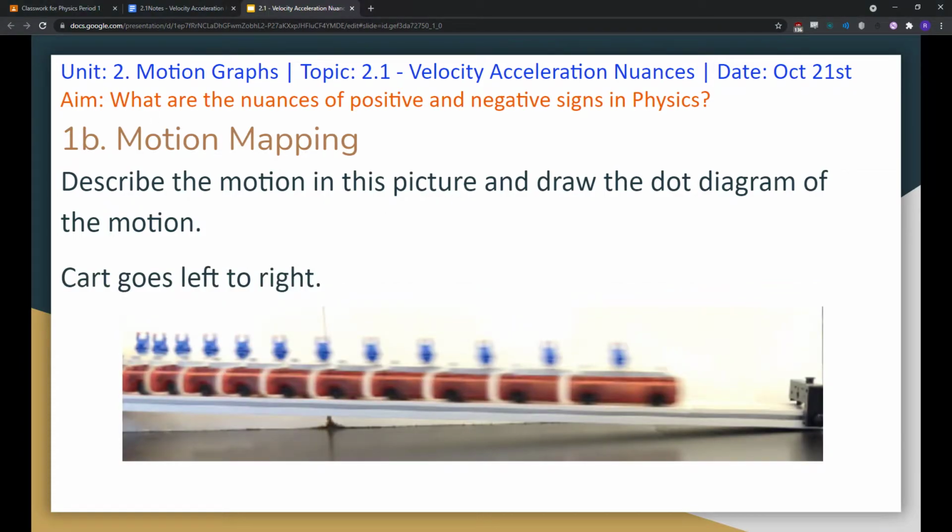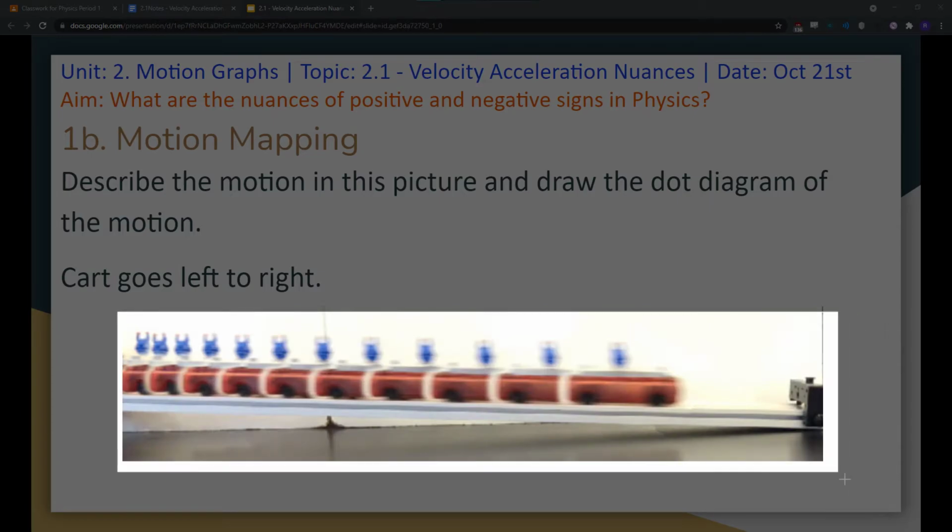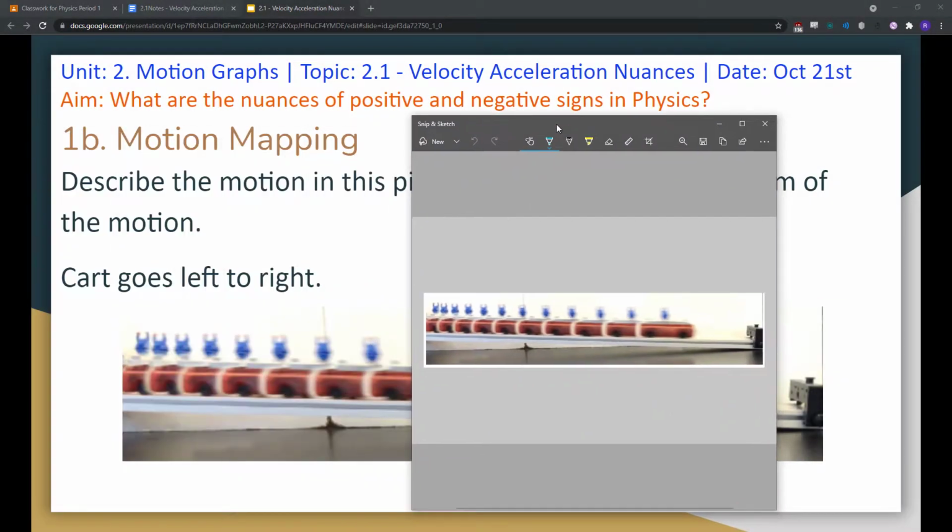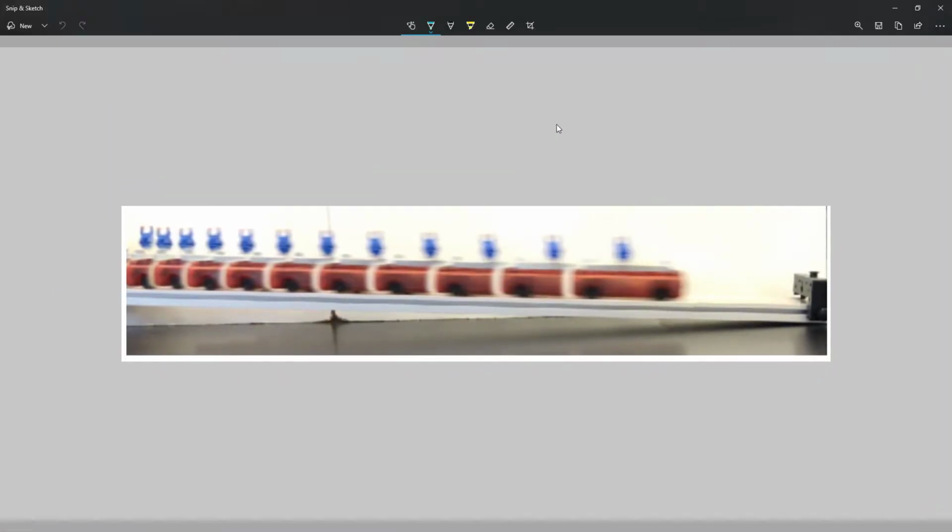So let's take a look at this cart right here. If we were to draw a dot diagram right here, this is a cart, and those blue lines indicate where the cart is. This is a track too, by the way, if you've been in lab.